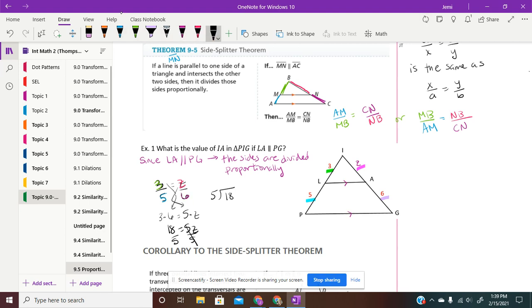When I divide by 5, that goes in 3 times with 3 remaining. So I can write that as 3 3/5 or 3.6. In your online homework, they're probably going to ask for that in decimal form, so 3.6.